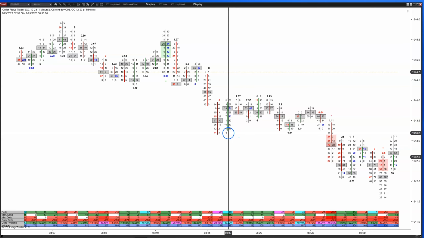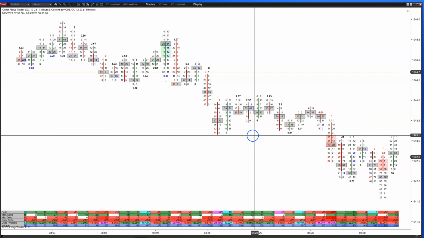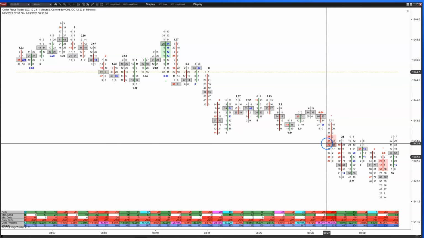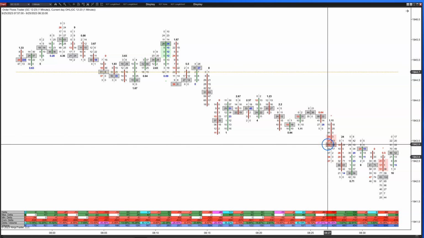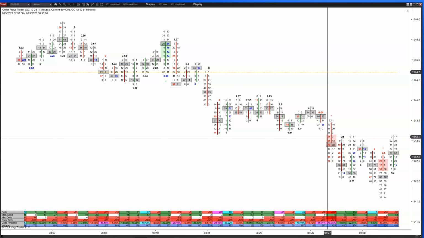Maybe this was a little swing low here at 43.20. You see the selling imbalance coming in right below that level at 43.10, and it goes down. Maybe there was a stop that got triggered there. But really, at the end of the day, it is a sign of strong aggressive buying if it's a stacked buying imbalance, or strong aggressive selling if it's a stacked selling imbalance.